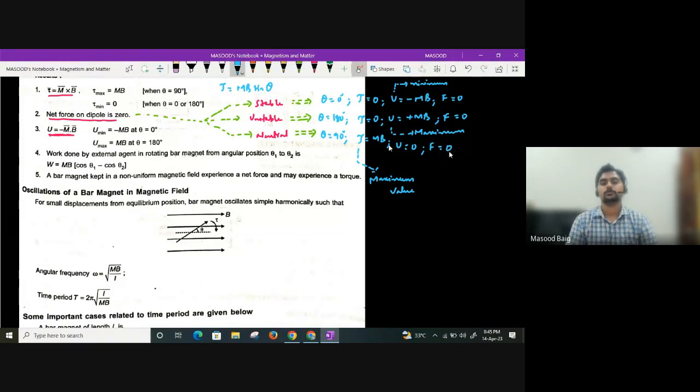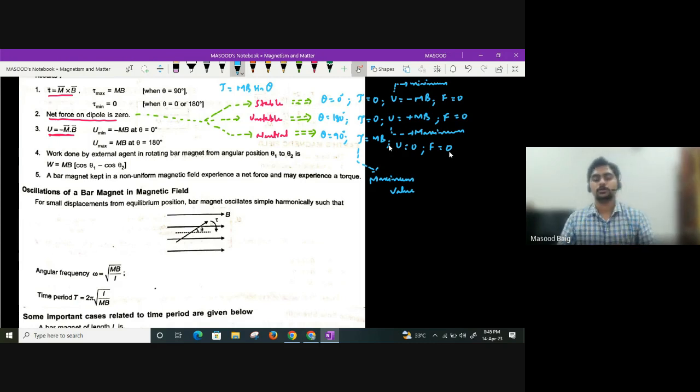Clear, all of you? So whenever a bar magnet is placed in a uniform magnetic field, some 5 to 6 points you need to remember. First is torque experienced. Torque will be given as m bar cross b bar. In general, you can write mb sine theta. Force experienced on it will always be 0. Torque may or may not be 0.